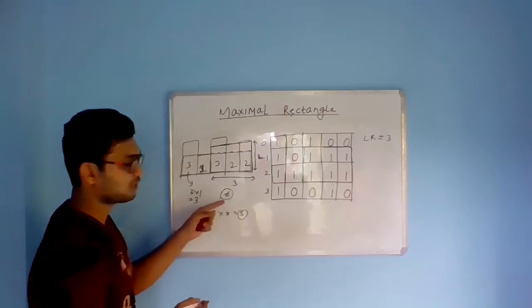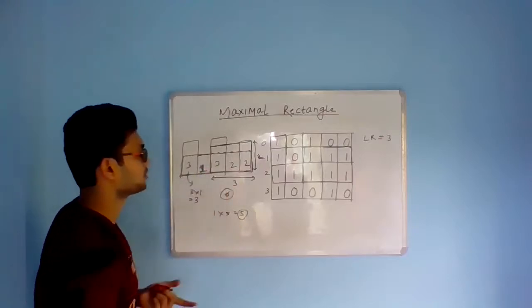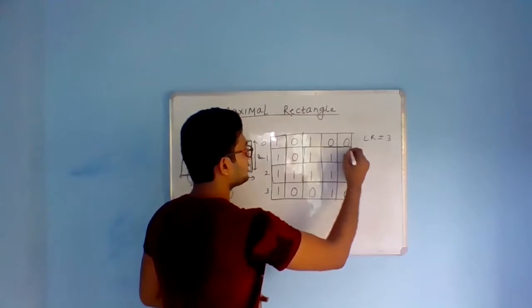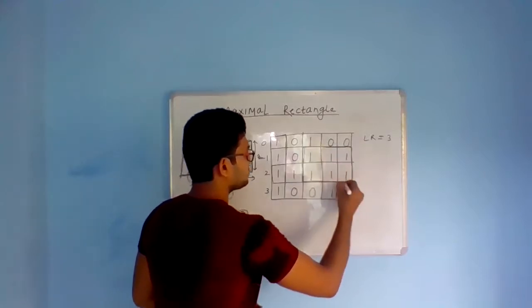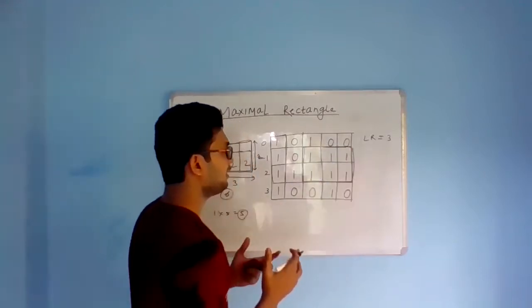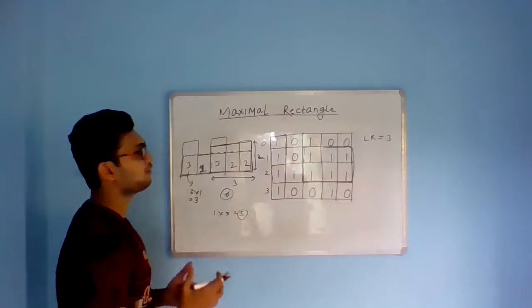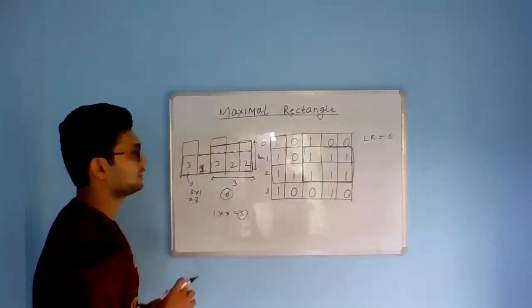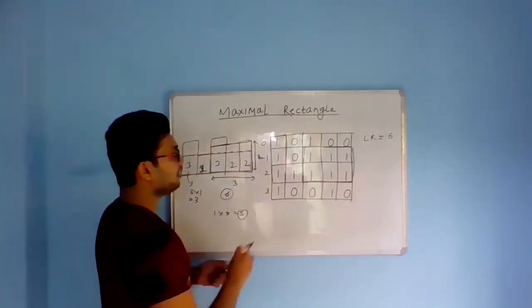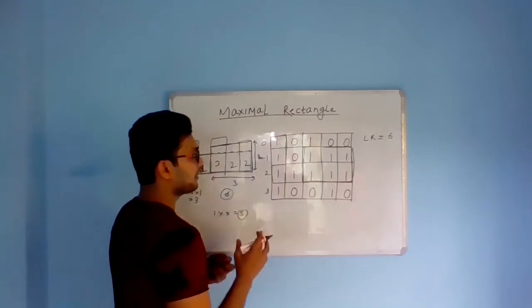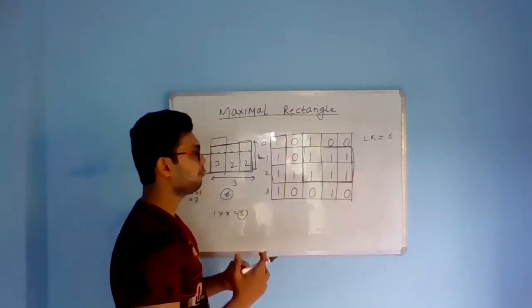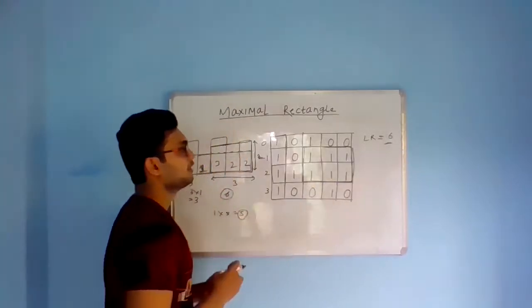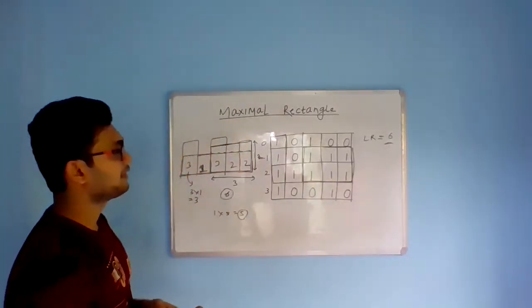This 5 is also less than the area of this block. So clearly this submatrix will give us an area of 6, and we update the answer to 6. If we go ahead, we cannot get more area than 6, so the answer for this matrix will be 6.